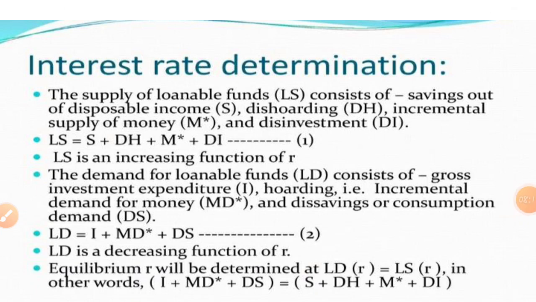So these are the components of loanable fund demand. I denotes investment expenditure, and MD star denotes demand for money, and DS denotes this saving or consumption demand. So loanable fund demand is a decreasing function of R.